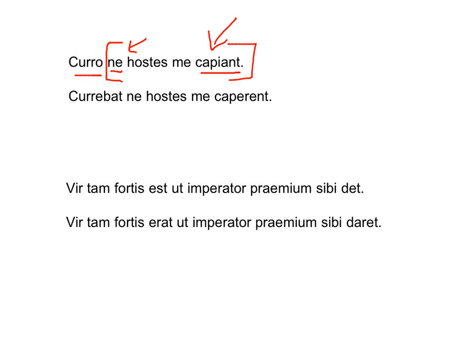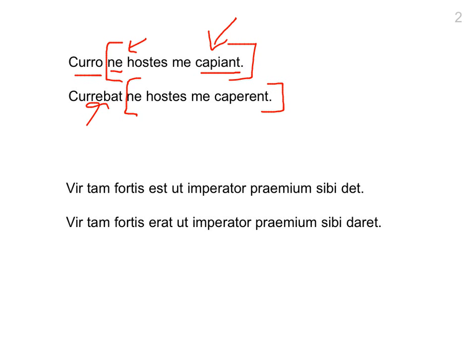And then the second sentence is basically the same thing, as all I did was change the main verb, currebat, into the imperfect tense. So, "he runs." I shouldn't have changed the person there, but the effect is still the same.